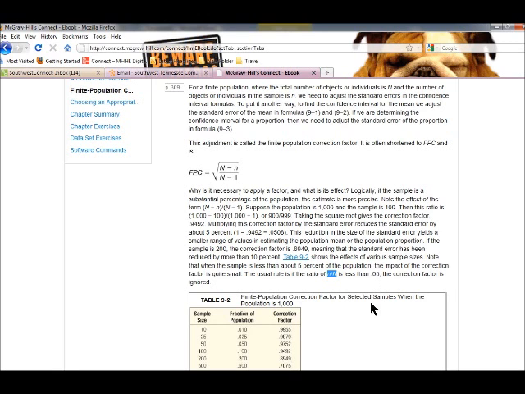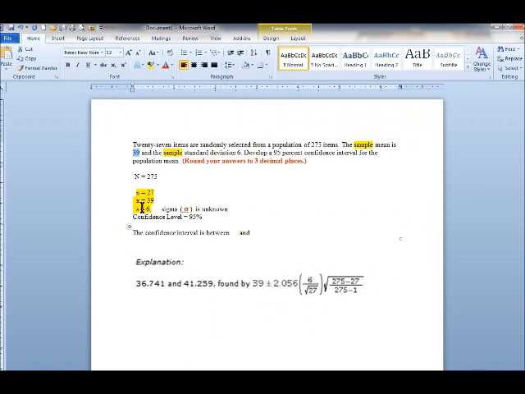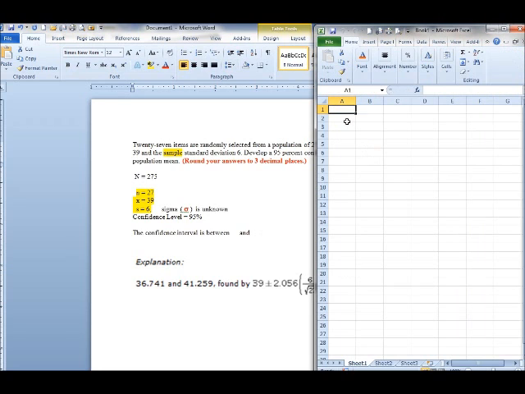So you do a quick check. You go back to the problem and you say, is 27... well, let me pause this. Okay, I wanted to bring up Excel because 27 divided by 275 is 0.09.